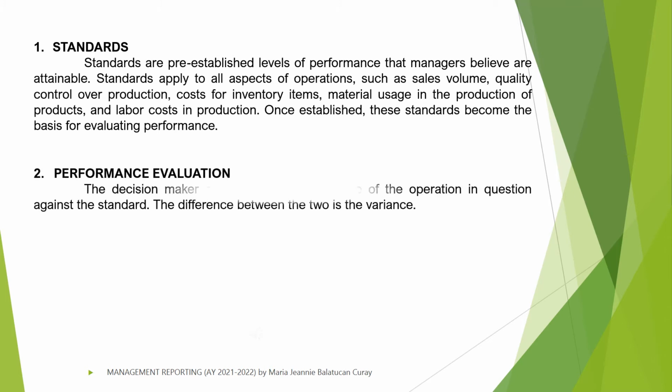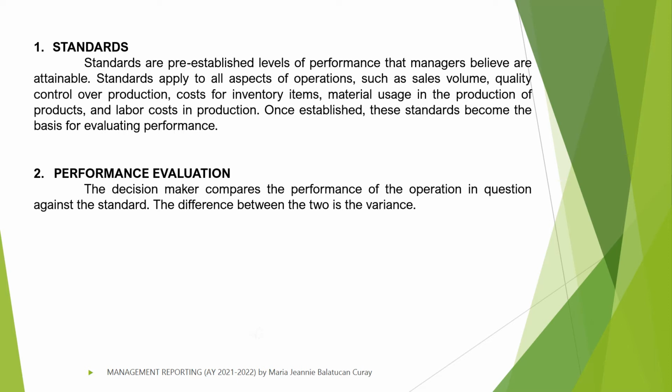Next is performance evaluation. So the decision maker compares the performance of the operation in question against the standard. So the difference between the two is the variance. Let's say a price variance for an inventory item or a raw material. So we have this expected price, which is your standard price, and we have this price actually paid.